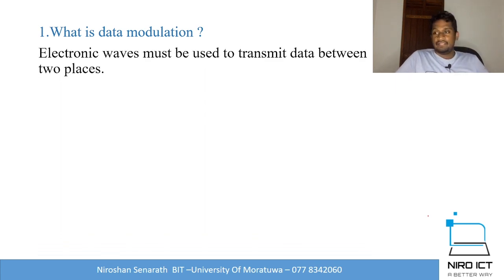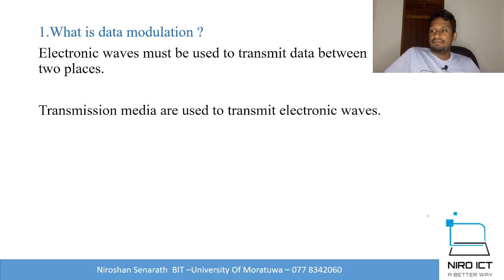So first, electronic waves must be used to transmit data between two places. Actually, we are transmitting electronic signals, but when you talk about fiber optics, there we have to transmit light waves. But most of the time we are transmitting electronic waves, right?